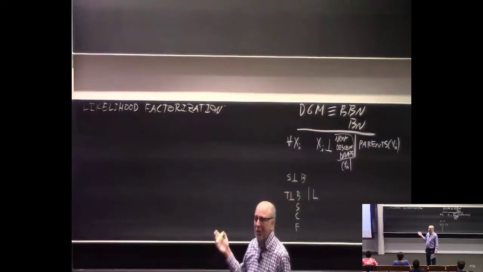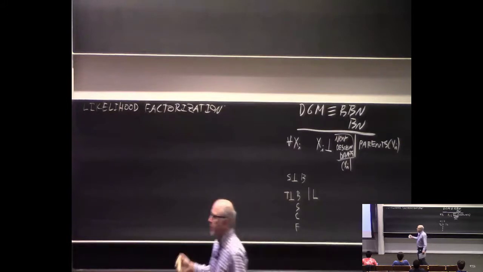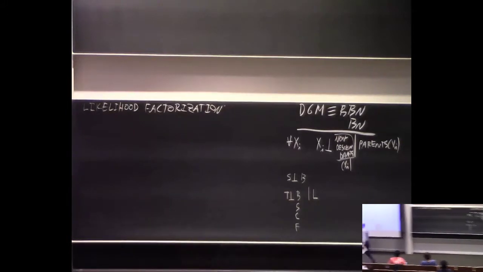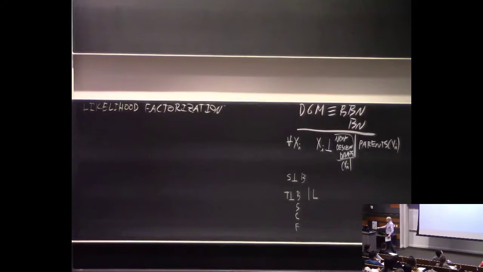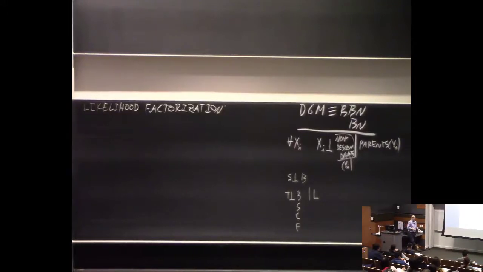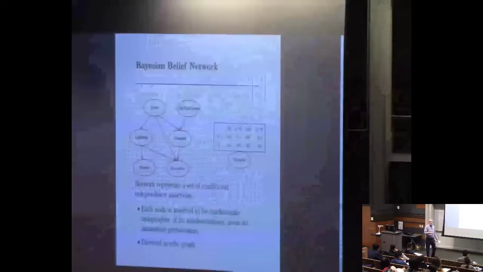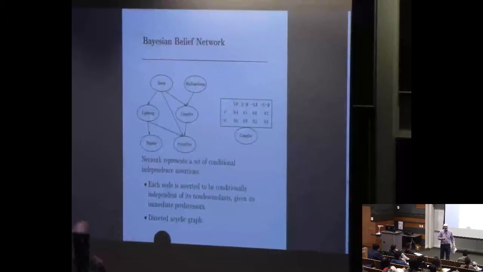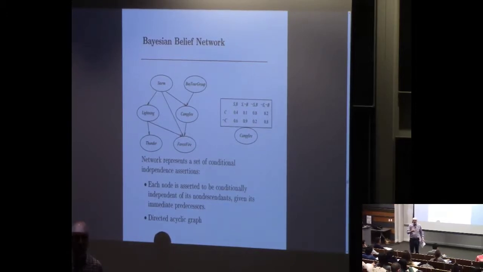Imposing as many as possible means coming up with a graph that has relatively few edges. This is a little counterintuitive. The more edges you have, the less independence you have, right? The purpose of this graph is to convey a set of independence assumptions, but it's conveying it by putting edges where there actually are dependencies.